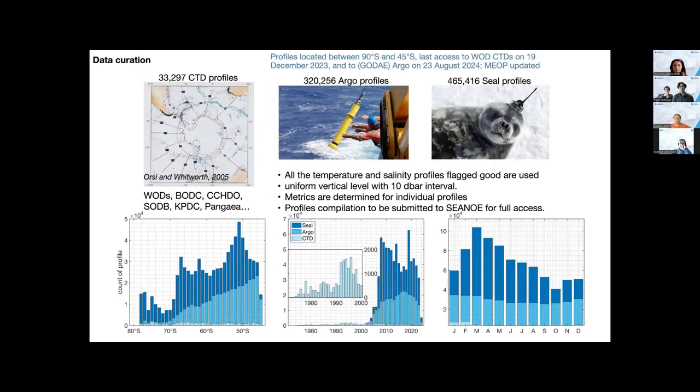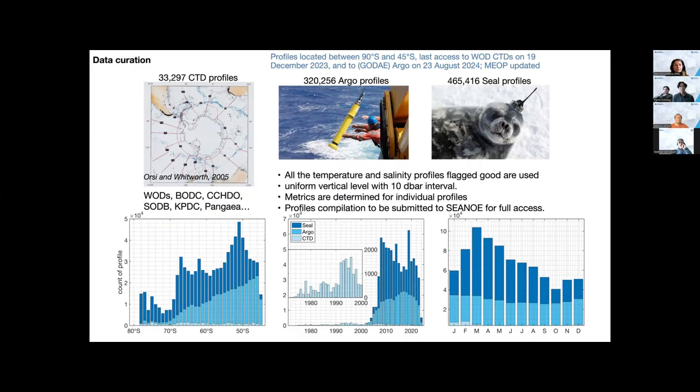So the second dataset, on account of time I'll quickly go through, is the hydrographic profiles that we collected from three different measurement platforms. The first one is CTD, which is a ship-based CTD cast that's measuring the full water depth of the ocean.